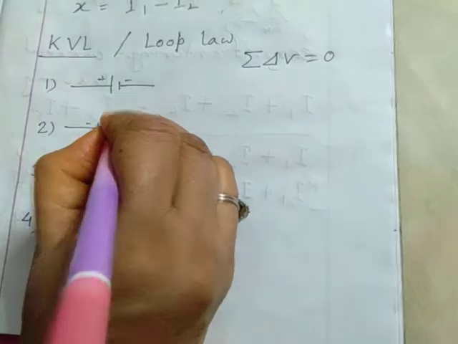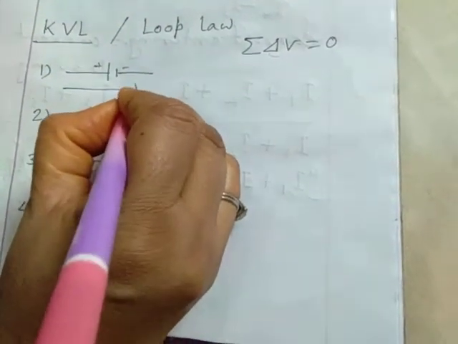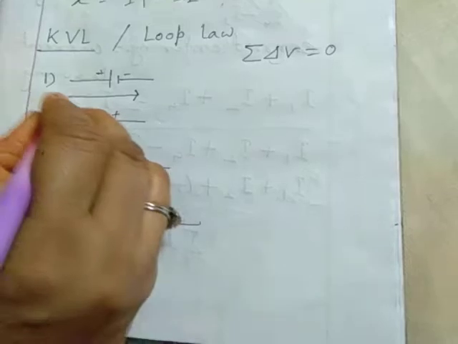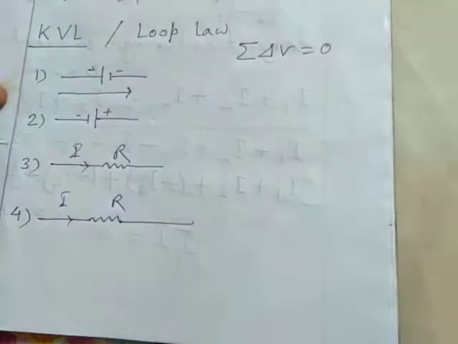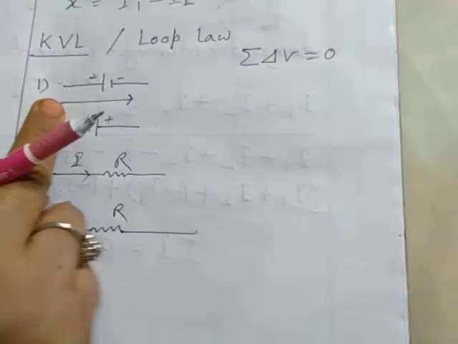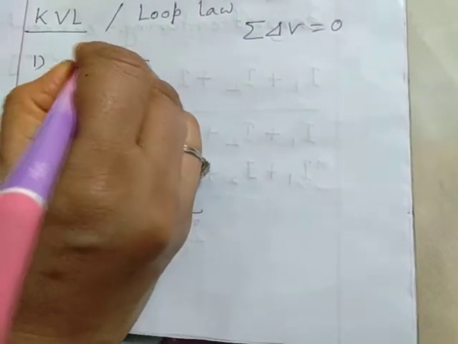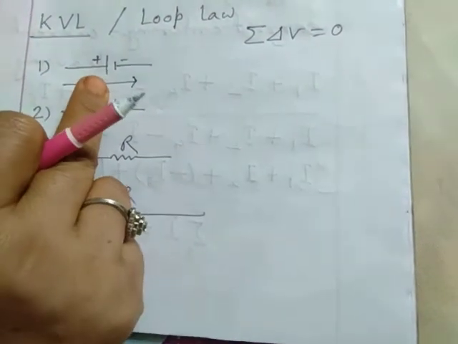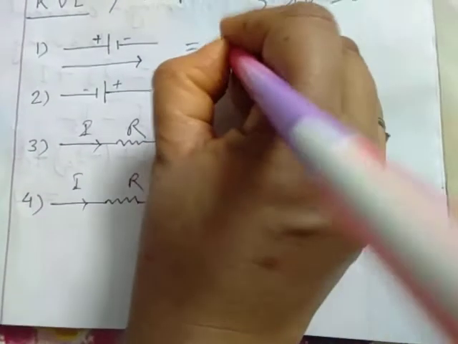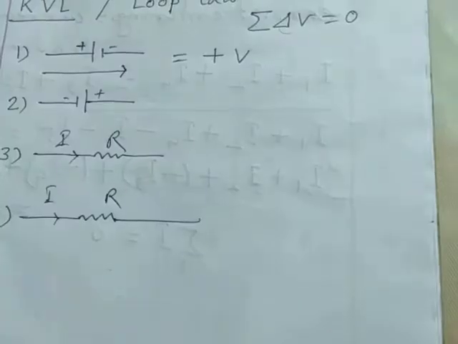If you are trying to move in the circuit along this direction, that means from positive to negative, then you see the positive sign at first. The sign of the cell which you see at first will be positive. So the potential difference of the cell will be plus V.